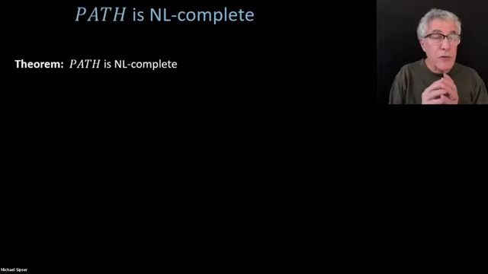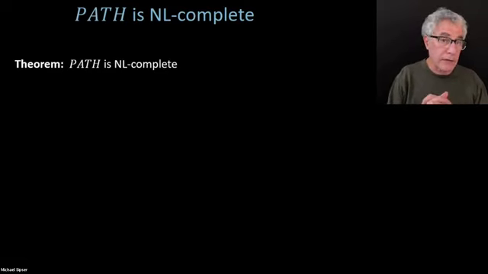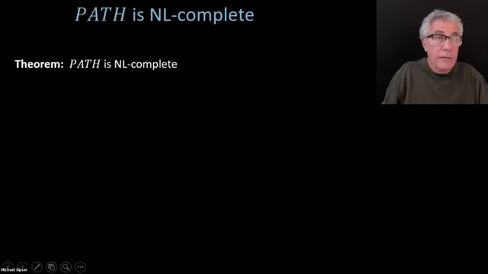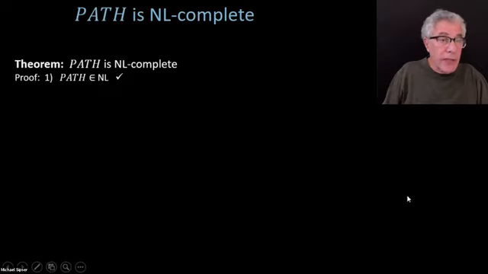So if you can solve the path problem deterministically in log space, you have gotten a big result. No one knows how to do that, and it would collapse all of NL down to log space if you could do path in log space deterministically. Okay, so let's see why that is.